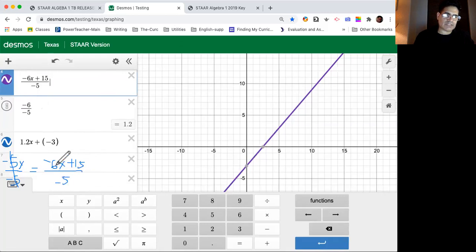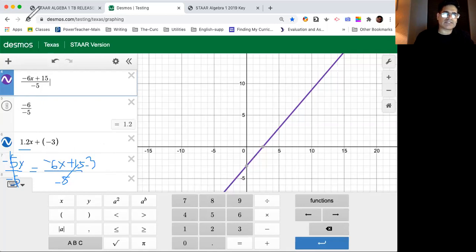Negative 6 over negative 5 gave us our 1.2, and then negative 5 into 15 goes 3 times, so negative 3. Negative 6x, this is 1.2, I guess. That's what they tell me the fraction is.